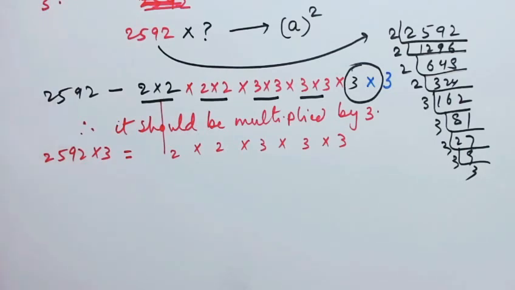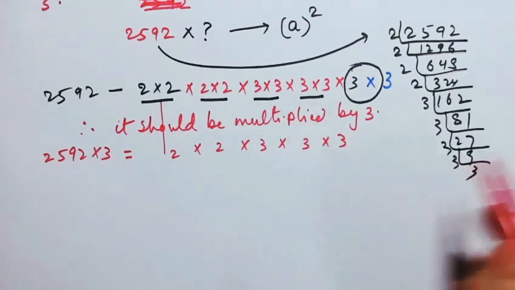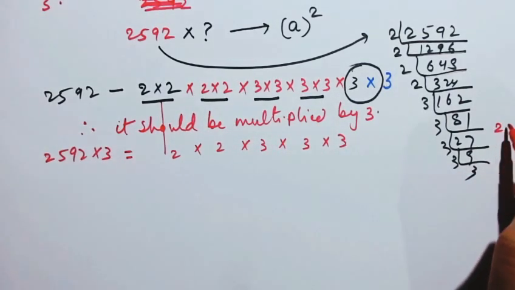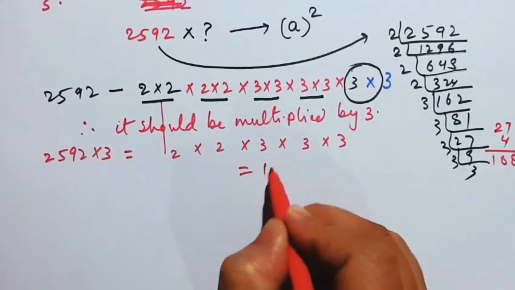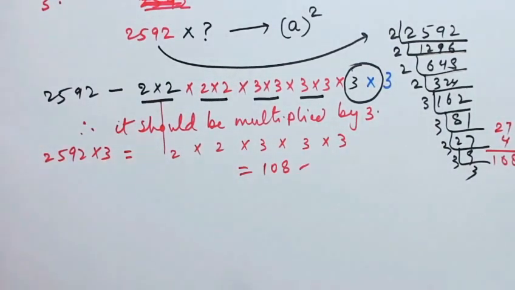When you multiply it, what are you going to get? 3 3s are 9, 9 3s are 27, and when 27 is multiplied by 4, 7 4s are 28, 4 2s are 8, 9, 10, 108. 108 will be the square root of the new number. Simple. 108 will be the square root of the new number.